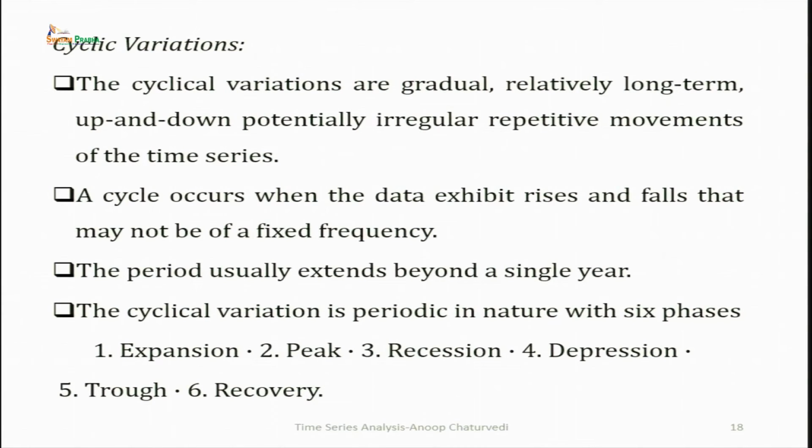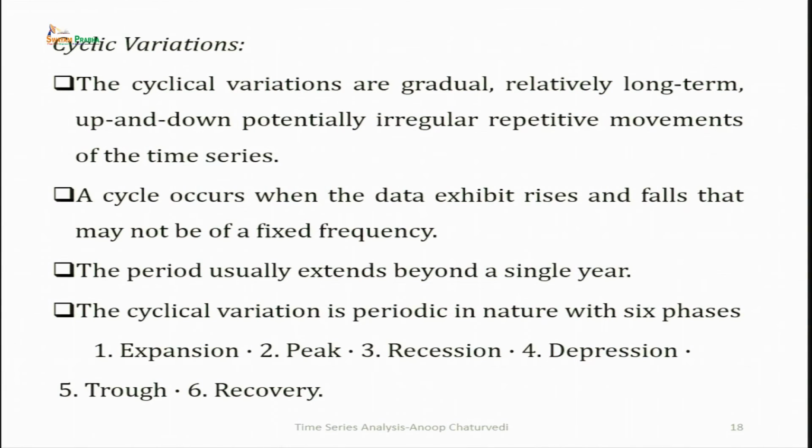Usually in seasonal variations, the frequency does not vary much, but in cyclical variations this frequency varies, it is not fixed. The period usually extends beyond a single year. This point I have already mentioned. The period of a cycle is usually more than 1 year.